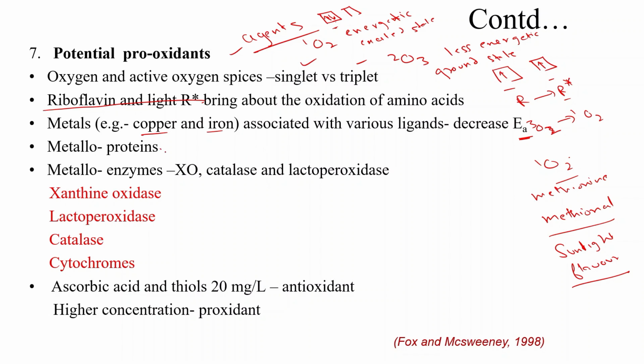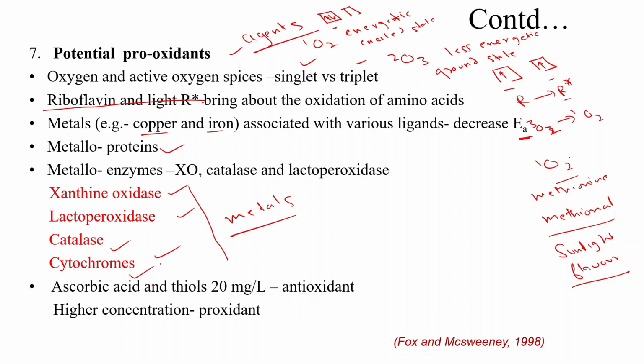Then coming to metalloproteins, proteins which have metal in them also act as pro-oxidants because they are supplying the mineral. Then some metalloenzymes like xanthine oxidase, which contains cobalt and iron, lactoperoxidase, catalase, cytochrome. All these enzymes contain metals and act as catalysts, thereby increasing the autooxidation.